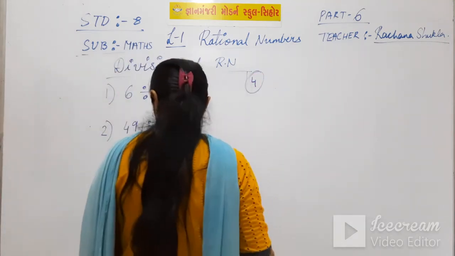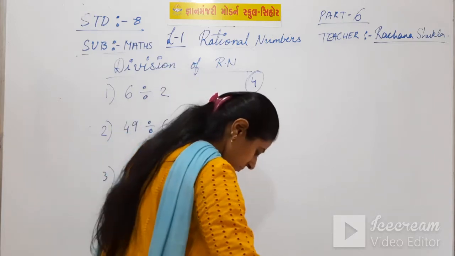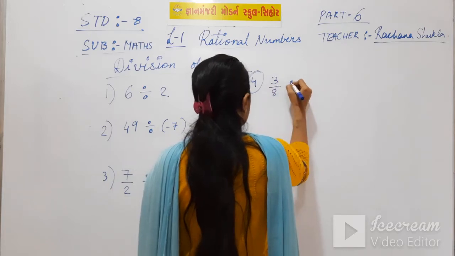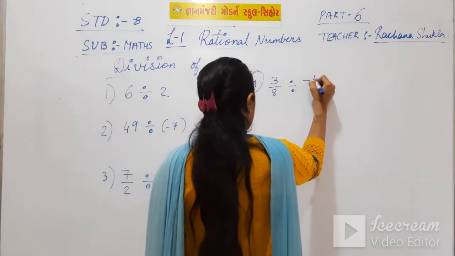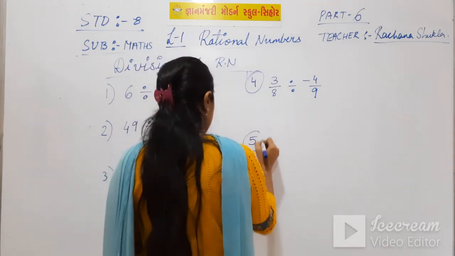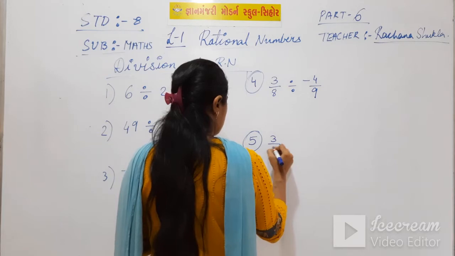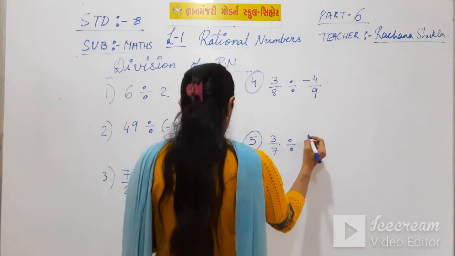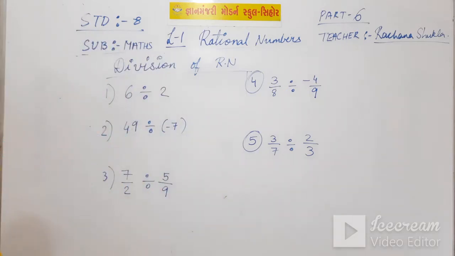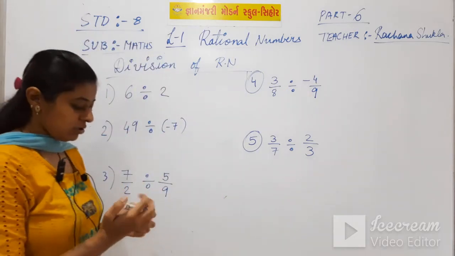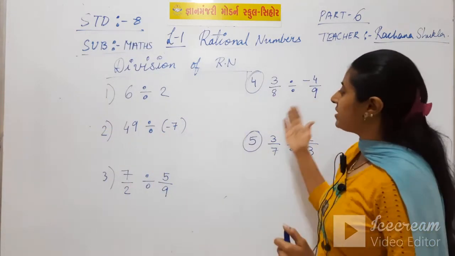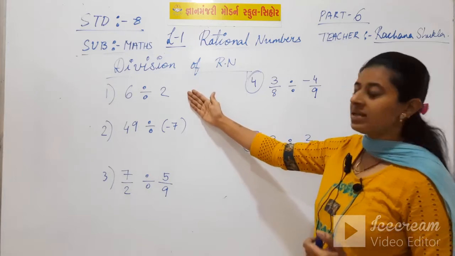Next, fourth one is 3 upon 8 divided by minus 4 upon 9. Fifth one is 3 upon 7 divided by 2 upon 3. So you have to note down these 5 sums in your notebook, and I will explain each and every sum of division.